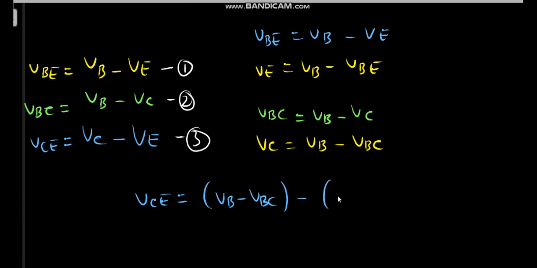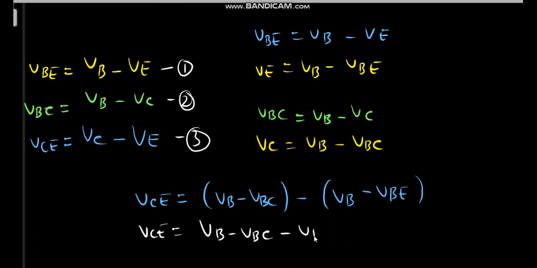We know VE is now VB minus VBE. Now let's simplify this. Opening the brackets, VCE equals VB minus VBC minus VB plus VBE.